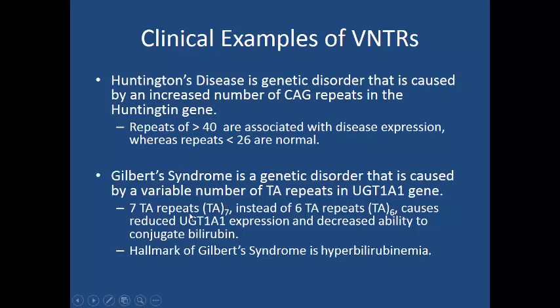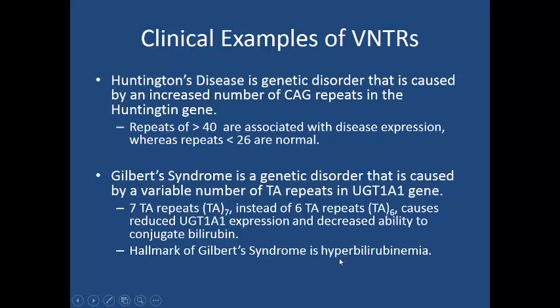So if we have 7 TA repeats, so TA is repeated 7 times instead of 6 TA repeats, it causes reduced UGT1A1 expression and decreased ability to conjugate bilirubin. And so the hallmark of Gilbert syndrome is actually hyperbilirubinemia.